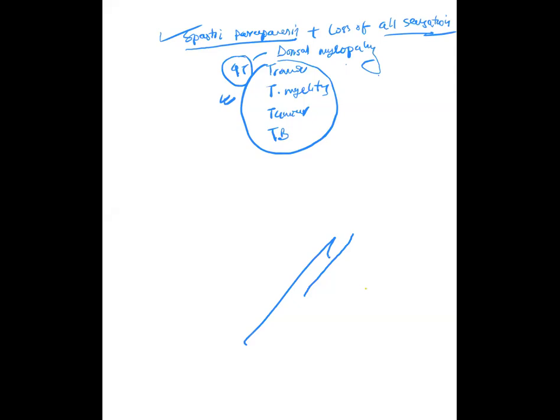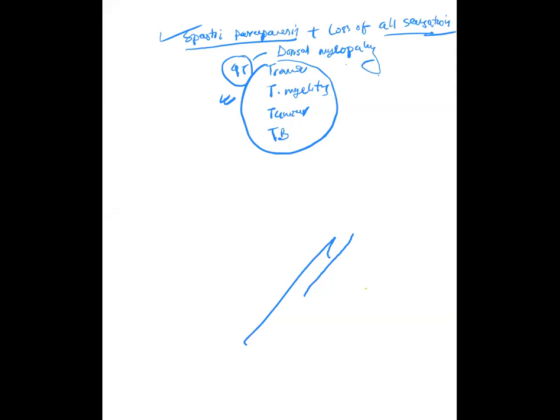Coordination is not assessed as there is profound weakness. Sensory examination reveals all modalities of sensation are absent up to the level of the umbilicus. So my diagnosis is spastic paraparesis with loss of all modalities of sensation up to the level of umbilicus.